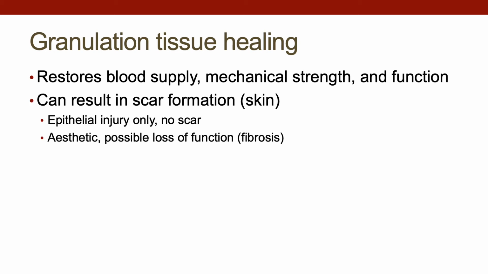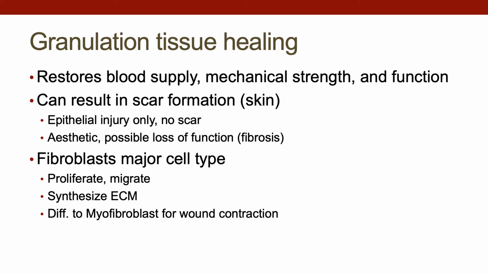But it can also result in scar formation. If you only injure the epithelium and let that re-heal, you don't get a scar. So the scar is formed by this connective tissue underneath the epithelium, and that can have aesthetic defects or possible loss of function, fibrosis from too much scar formation.